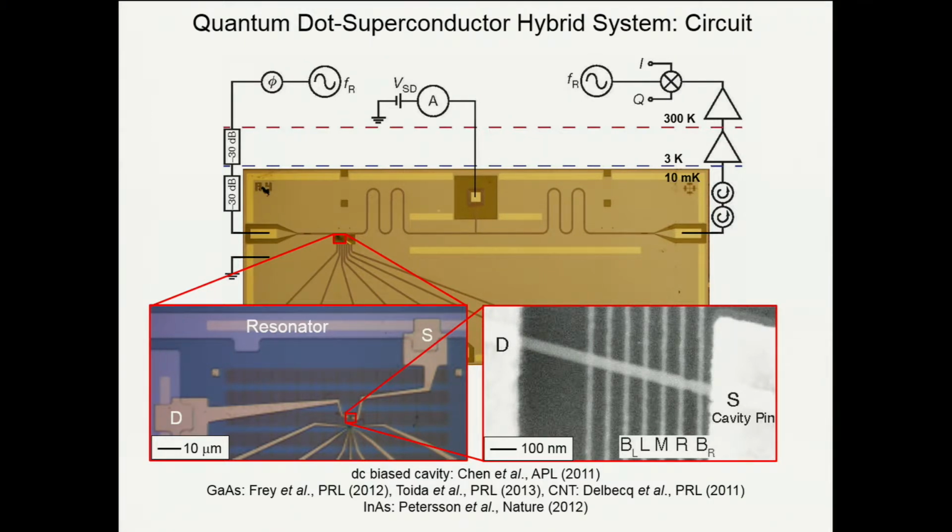So there's a little trick that we play. We actually connect this source contact of the nanowire up to the resonator, and we connect the drain of the nanowire to the ground plane of the resonator. One way to think of the resonator is like an LC oscillator, right? So I have an inductor and a capacitor, and they resonate, and there's an oscillating voltage. We want to couple that voltage to our quantum dot device.